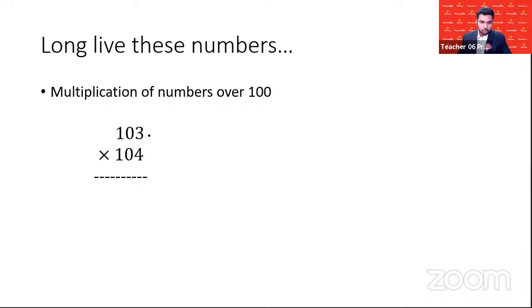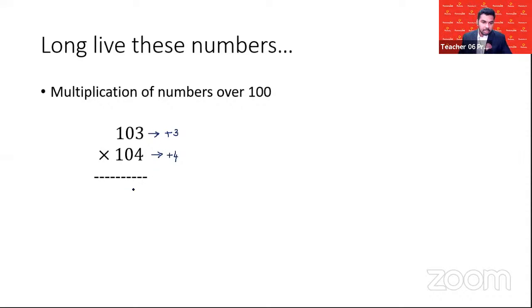Okay, I'll give a clue. So 103 is 3 greater than 100. 104 is 4 greater than 100. Yes, I can see the answers from Maunika. Yes. Vinay, very good.